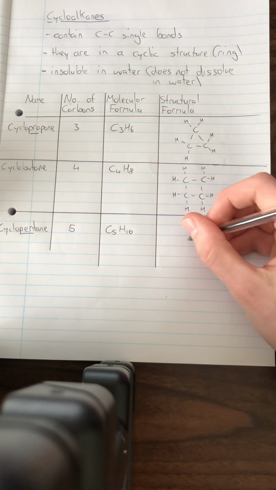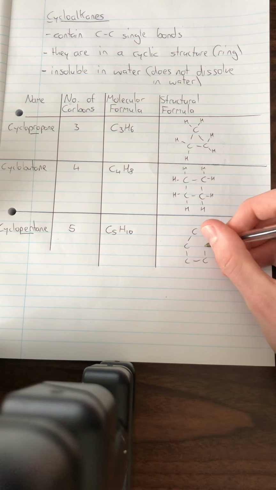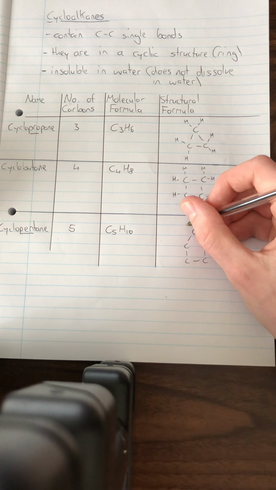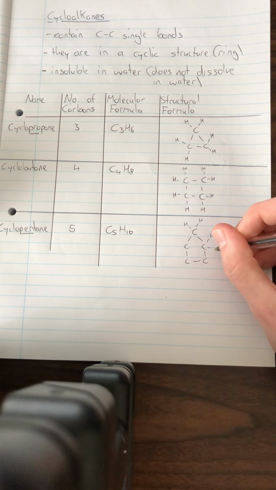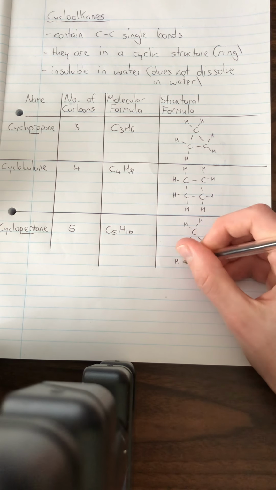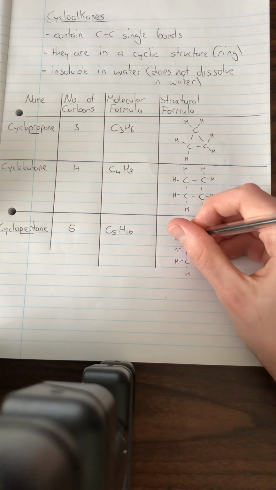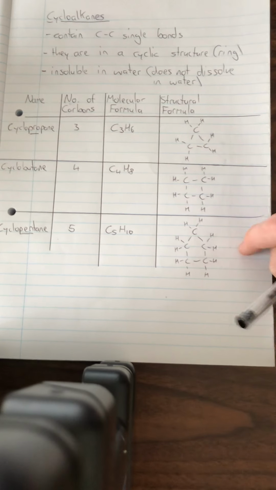So you draw it as a pentagon shape, kind of looks like a house. And then make sure each carbon has 2 hydrogens coming out of it, and that is your cyclopentane. So easy.